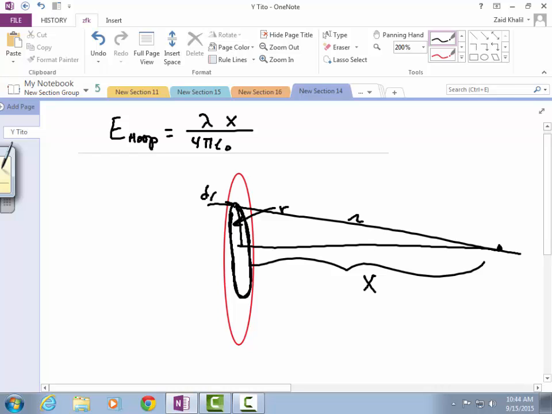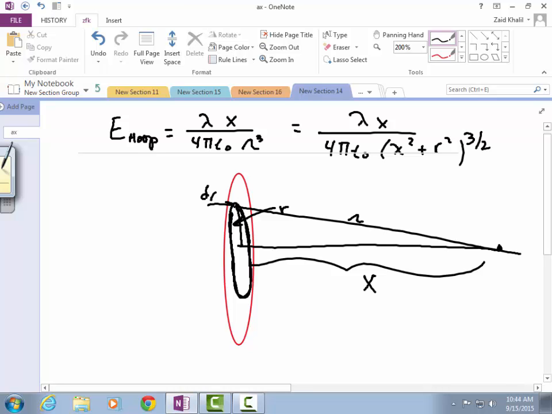It was script r cubed, right? You told us to keep x squared plus r squared to the 3/2, right? So this is then going to be lambda x over 4 pi epsilon 0 times (x squared plus r squared) to the 3/2, right?